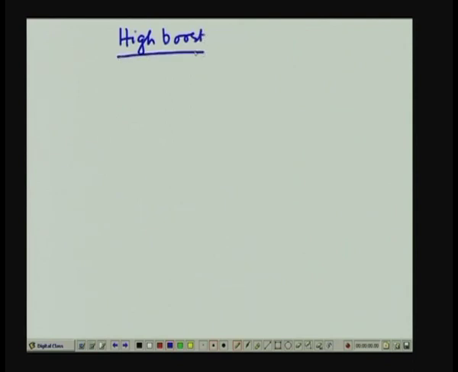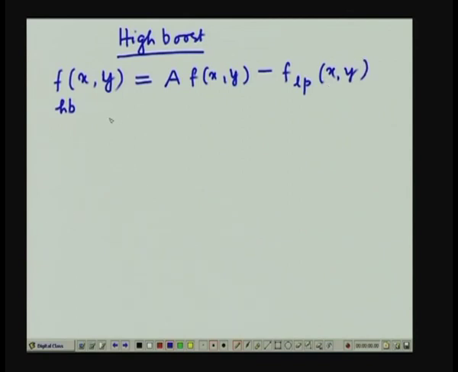There we said that in the spatial domain, the high boost filtering output, if I represent it as f_hb(x,y), is nothing but A into f(x,y) minus f_lp(x,y), which can be represented as (A minus 1) into f(x,y) plus f_hp(x,y), the high pass filtered output.